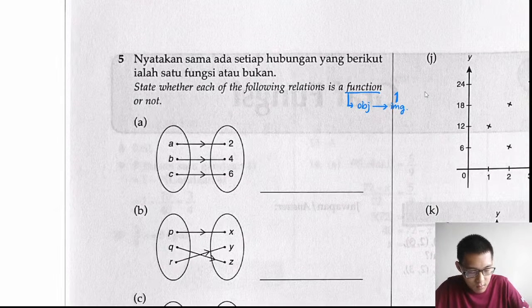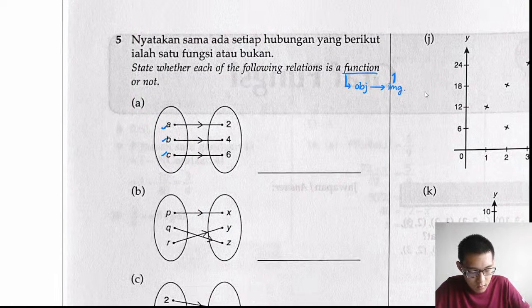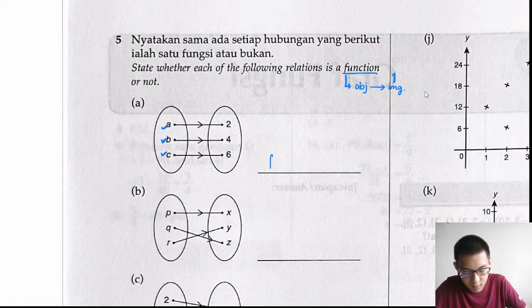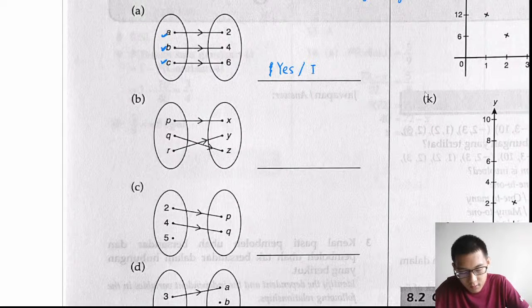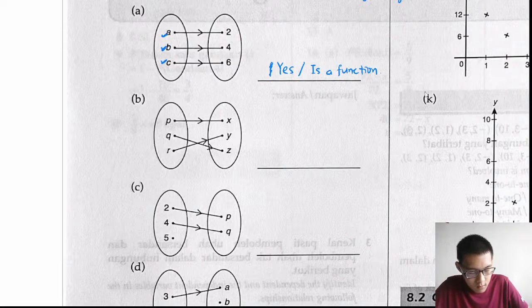So let's say we have A, B, C. These are the objects in the domain. A, B, C, we have images, everything is one, so it's a function. Yes, it's a function. It's better we write out whether it's a function or not. Here P, Q, R also, every object has one image, so yes, it's a function.